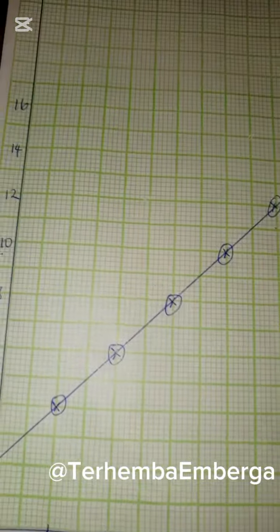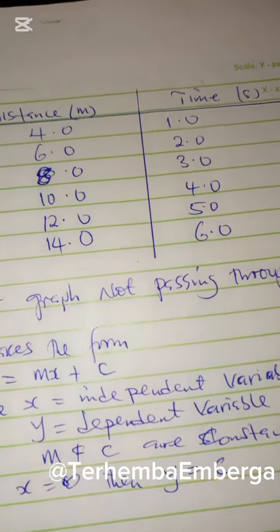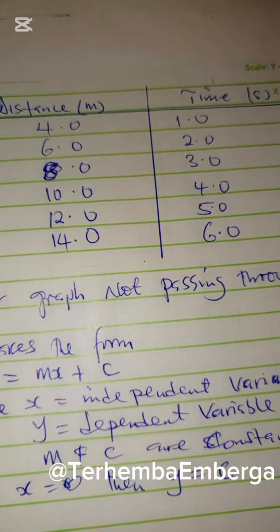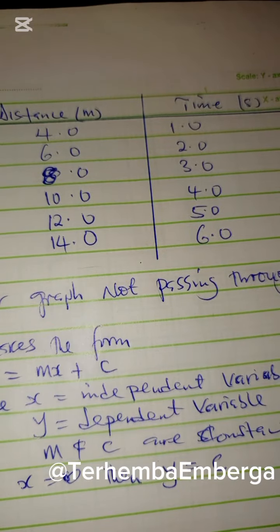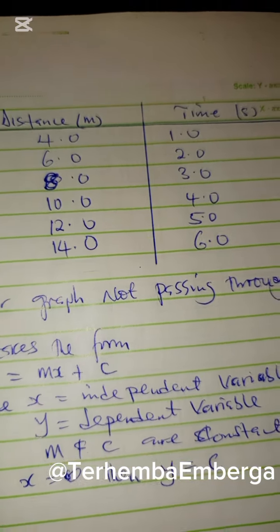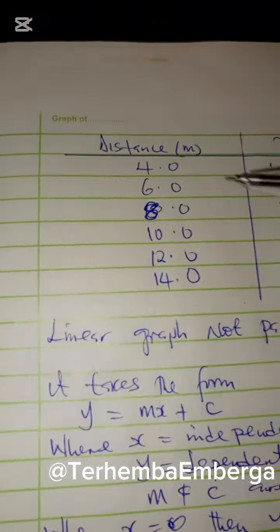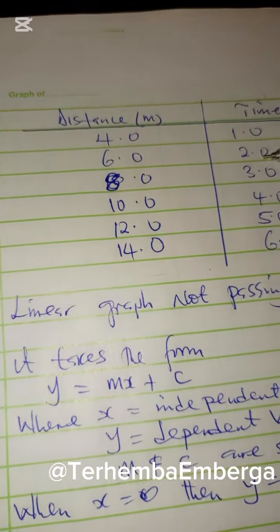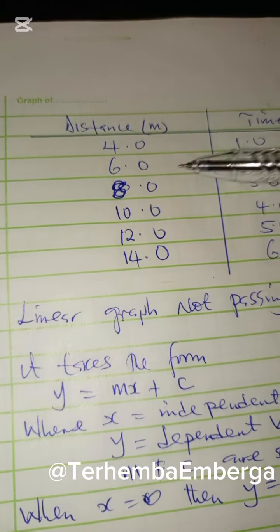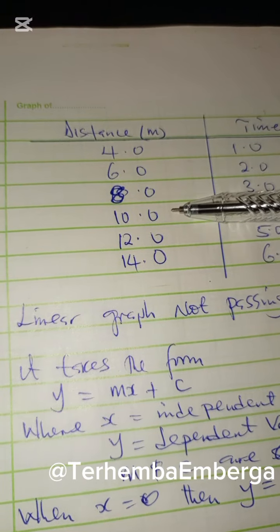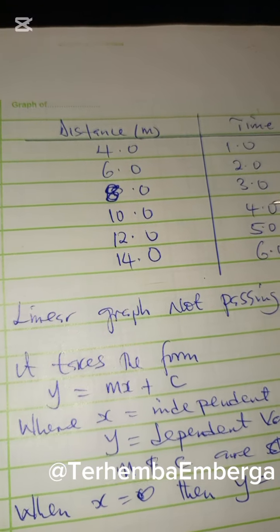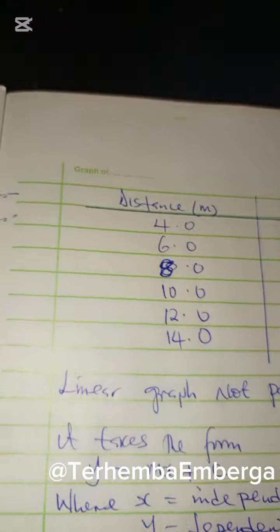So the values are plotted, and these are the values. 4 meters correspond to 1 second, 6 meters correspond to 2 seconds, 8 meters correspond to 3 seconds, 10 meters correspond to this, and so on.